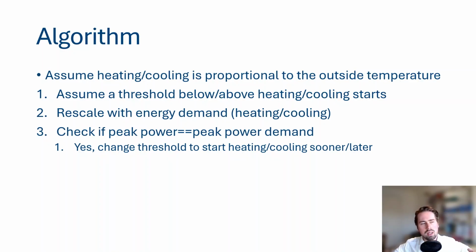And when we lower the threshold, say, let's not start heating below 18, but below 17, there will be more times when there is heating demand, of course, because we lowered the threshold. But this also means that if we rescale the whole profile, our peak power will be smaller, because now the energy is spread out over more time. And that's how we work with this methodology. And once it's equal, we can say now it's done.